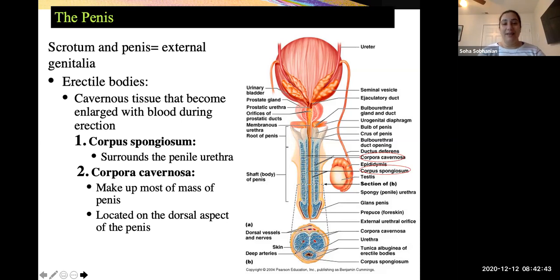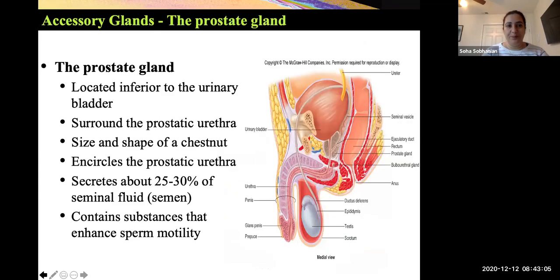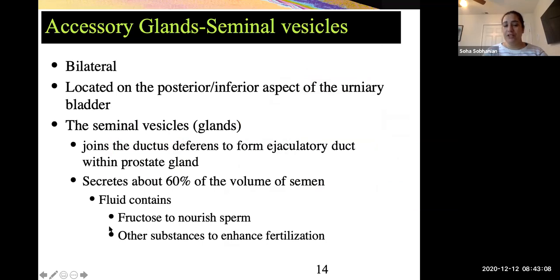Anyways, let's take a look at the external genitalia for the male. You can see a really good picture of the whole reproductive system in this one, including the external genitalia. Sorry, one second. The seminal vesicle, I can go back to this slide so you can see it as well. There are two functions. One is that it provides the nutrients your sperm needs, because your sperm doesn't have the ability to carry nutrients inside itself.